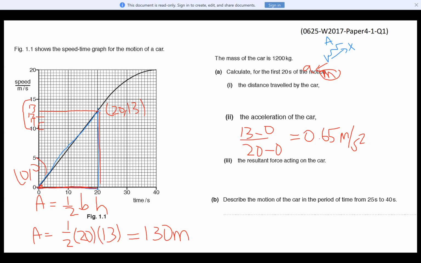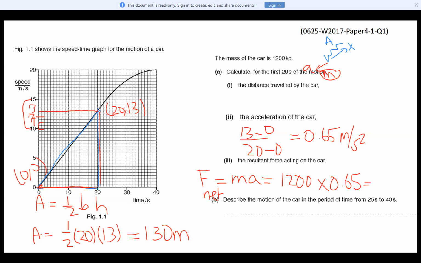Part III requires the resultant force acting on the car. This is a bit out of scope, but we'll do it anyway. So we have a rule that says F equals ma, where F is the net force or the resultant force, and the mass is 1,200, and the acceleration is 0.65. So all we have to do here is simply multiply them together. 1,200 times 0.65.